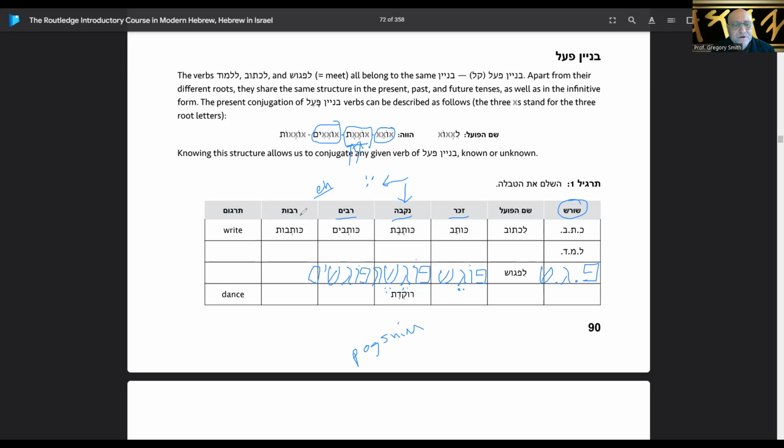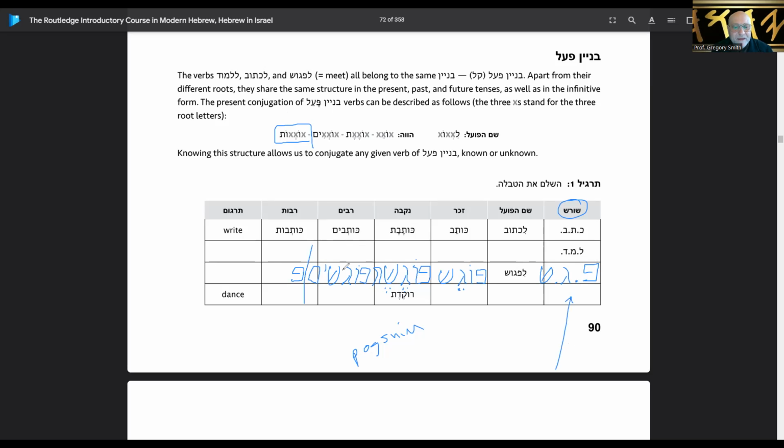Okay. Now, how about under rabot? So our last pattern here is the feminine plural. We're looking at this root right here, pay, gimel, sheen, which has something to do with meeting. So now we're going to put pogshot in there, I believe.